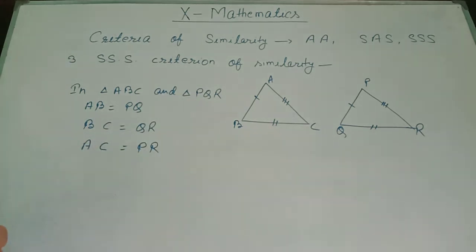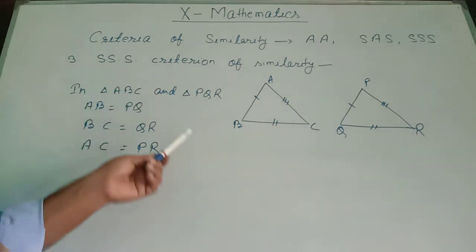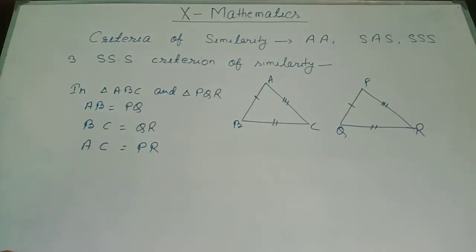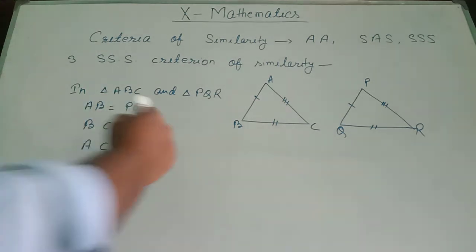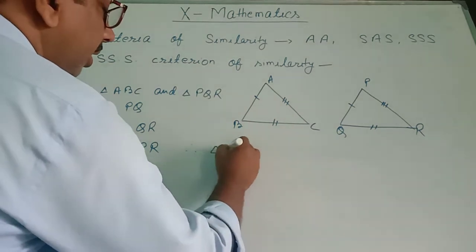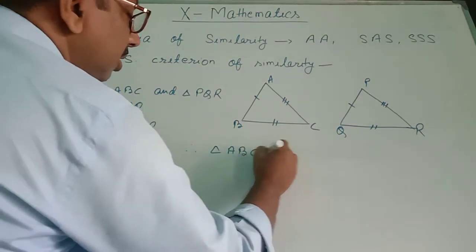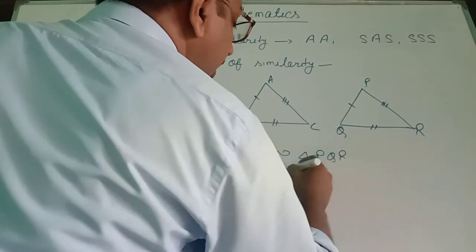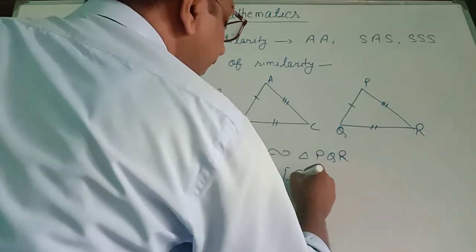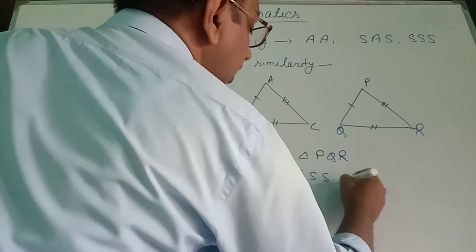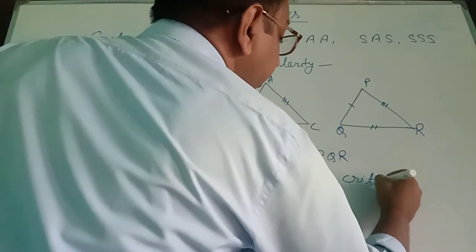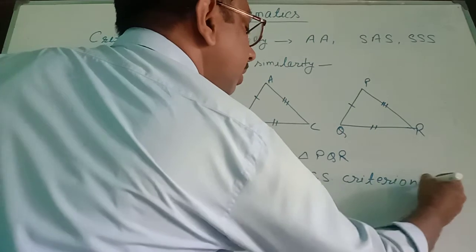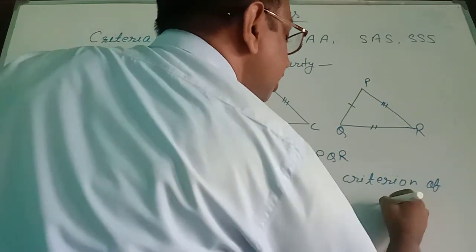So what are we saying? Under this rule, all the pairs of corresponding sides should be equal. Then we say, therefore triangle ABC is similar to triangle PQR. In bracket we write SSS criterion of similarity.